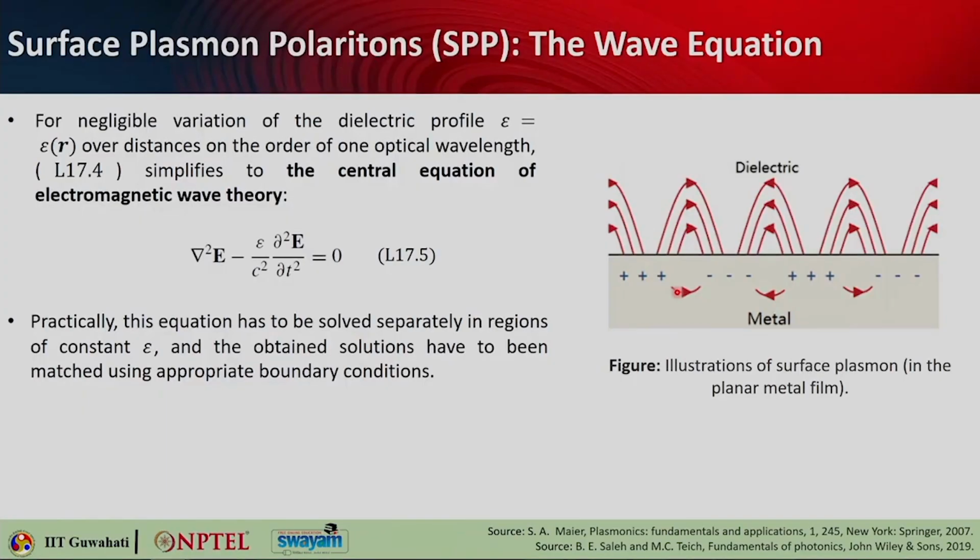Here that is a requirement because epsilon is not the same throughout, because we are considering propagation along an interface. On one side of the interface the permittivity is different from the other side, so we have to solve them separately in the two regions, and then ensure that they are matched using proper boundary conditions.